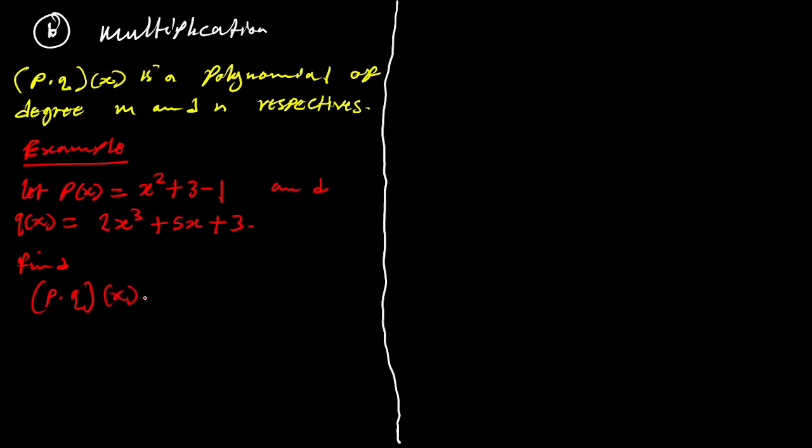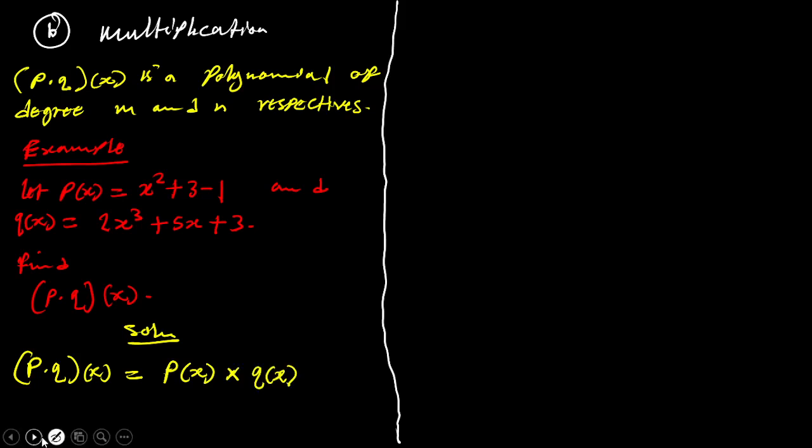So I'll now write my solution. So the solution will be p dot q of x is the same as p of x multiplied by q of x.